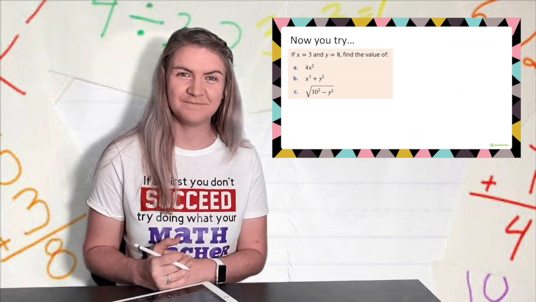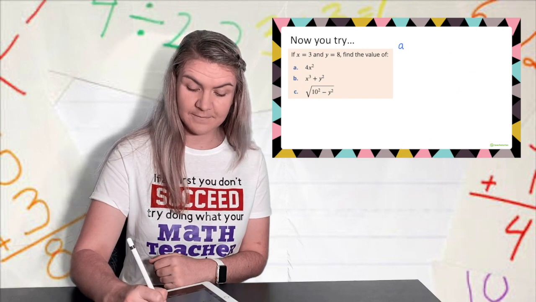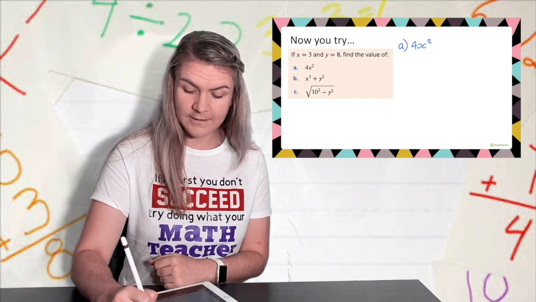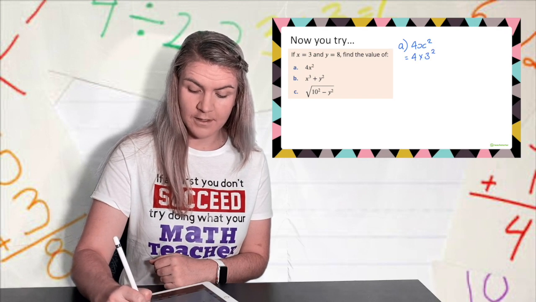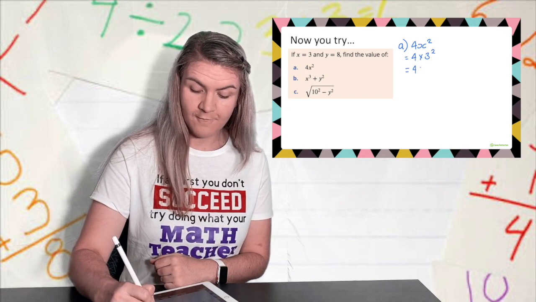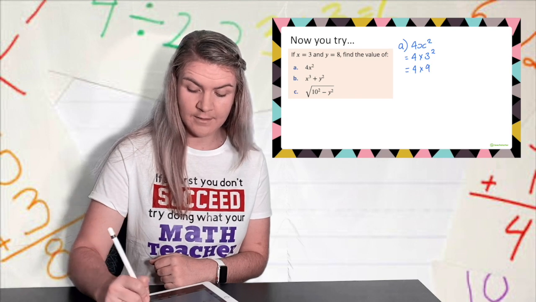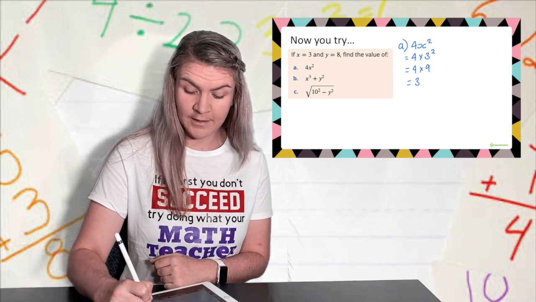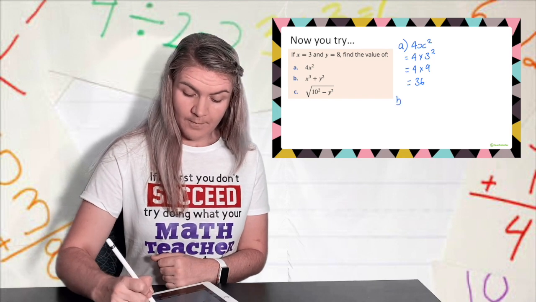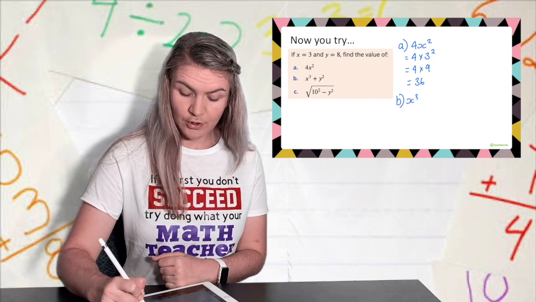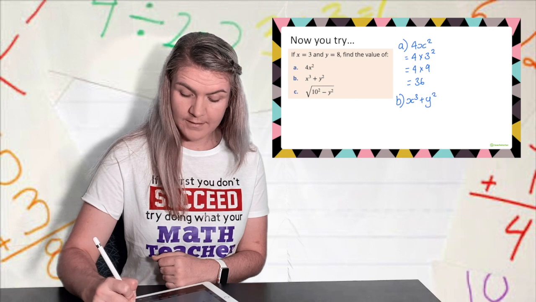You try some. All right, let's quickly do these answers. A, 4x squared. Replacing the x with 3. 4 times 3 squared. 3 squared is 9, and 4 times 9 is 36. B, x cubed plus y squared.